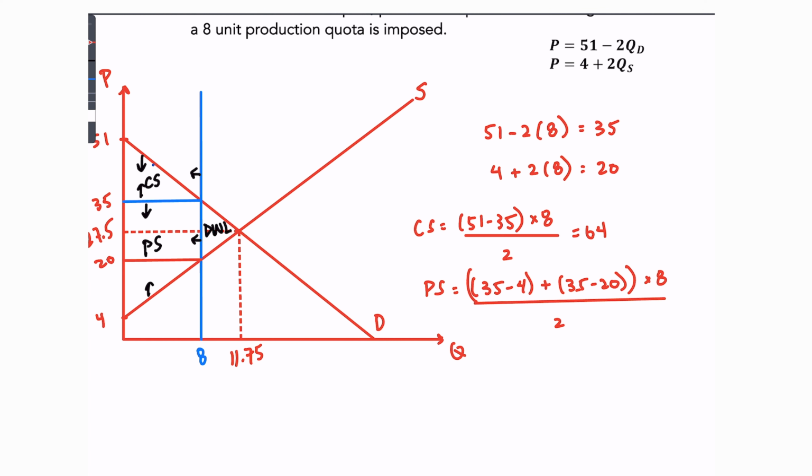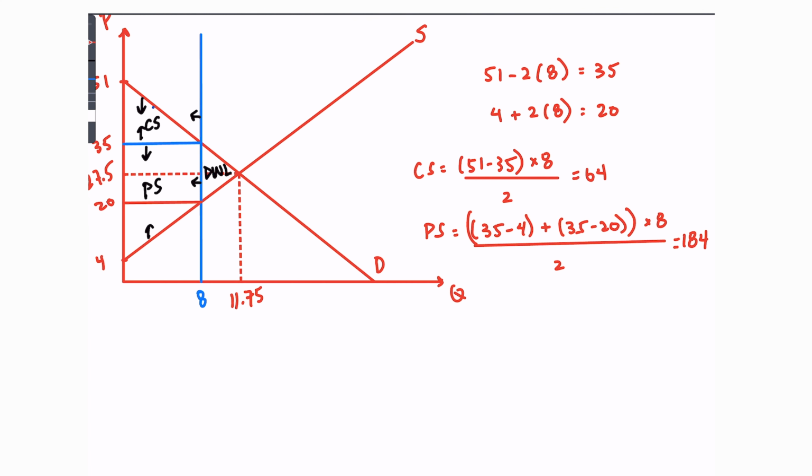And you should get 184. As for the deadweight loss, triangle, so 35 minus 20, that's the base. The height is 11.75 minus 8. All that divided by 2. And the deadweight loss here is 28.125.